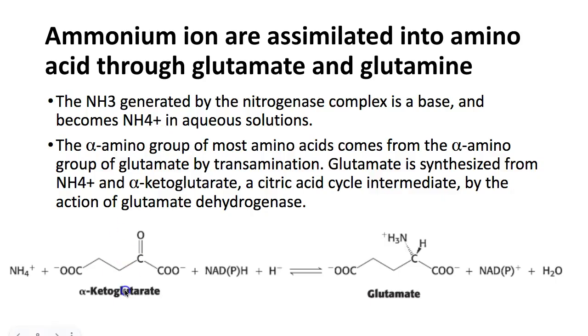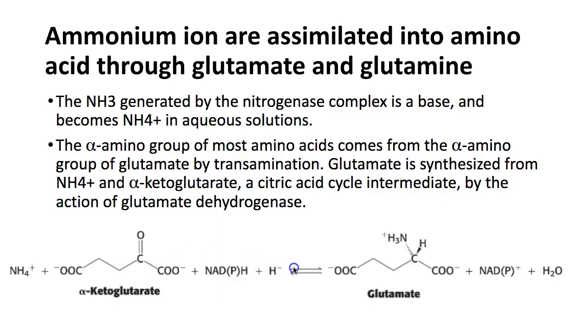And so the alpha amino group of most amino acids comes from the alpha amino group of glutamate by transamination. Glutamate is synthesized from the ammonium ion and alpha ketoglutarate, a citric acid cycle intermediate, by action of glutamate dehydrogenase.